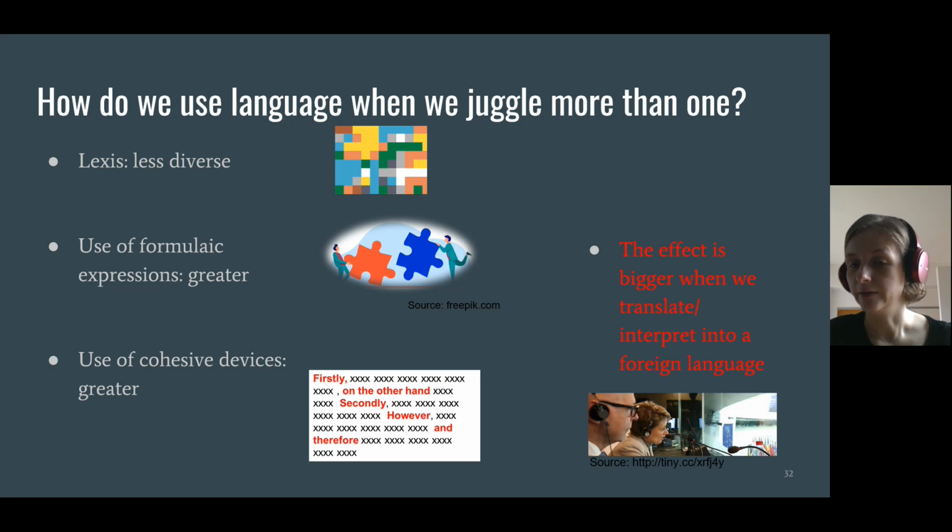The effect is bigger even when we translate and interpret into foreign language, because you then process two languages, so the source language and the target language, and also you are speaking a foreign language at the same time.